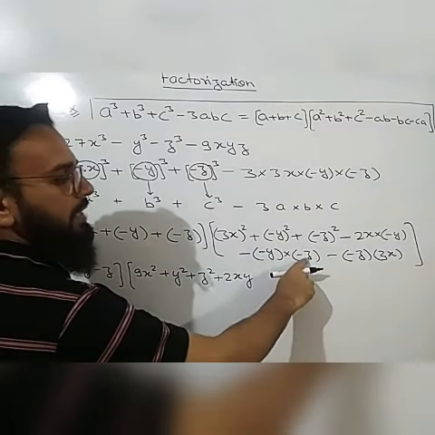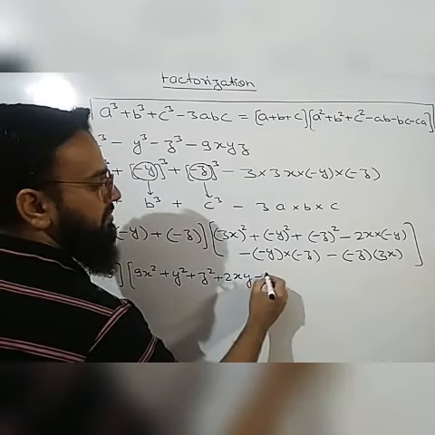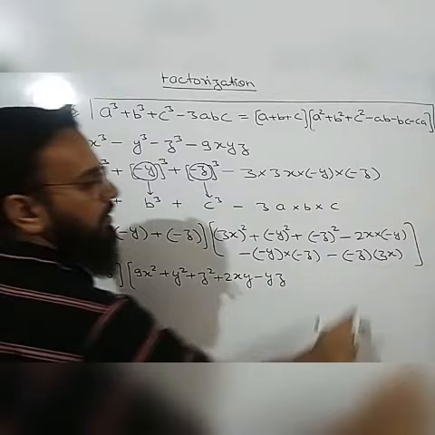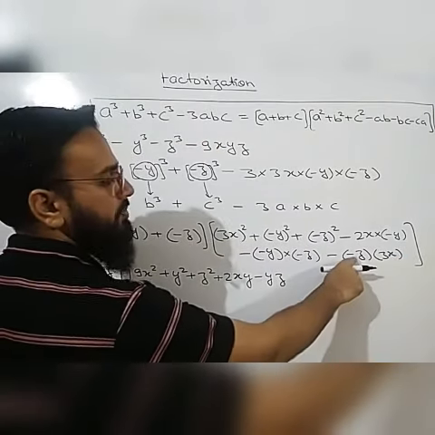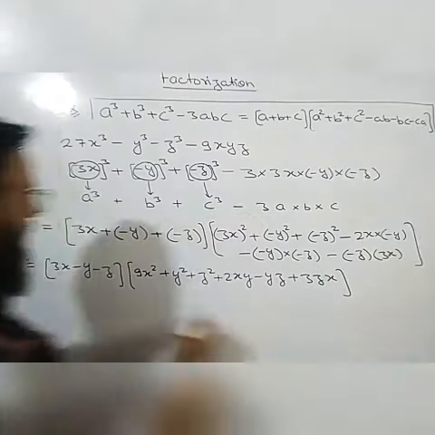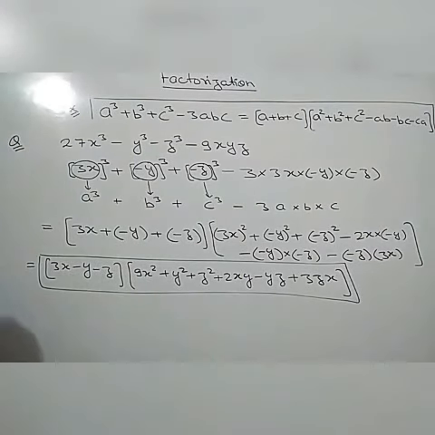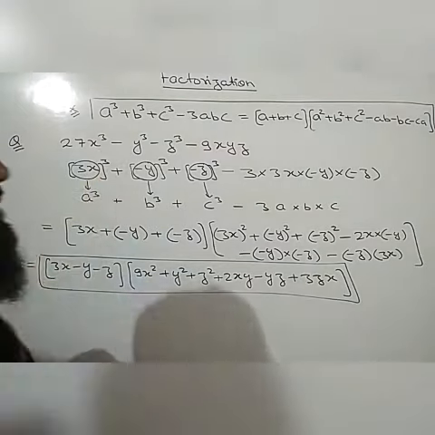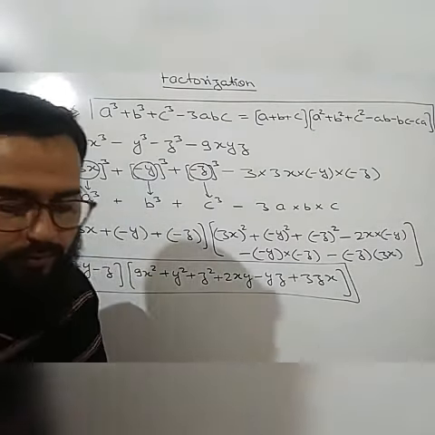Now this minus y into minus z will be plus yz, but there is a minus sign outside, so it will be minus yz. Now this is 3x into minus z, so minus becomes plus, so we will get plus 3zx, and this will be our final answer. Okay, so in this way you can solve the problems of these particular identities. You have to take care of each and every sign. Okay, note down.